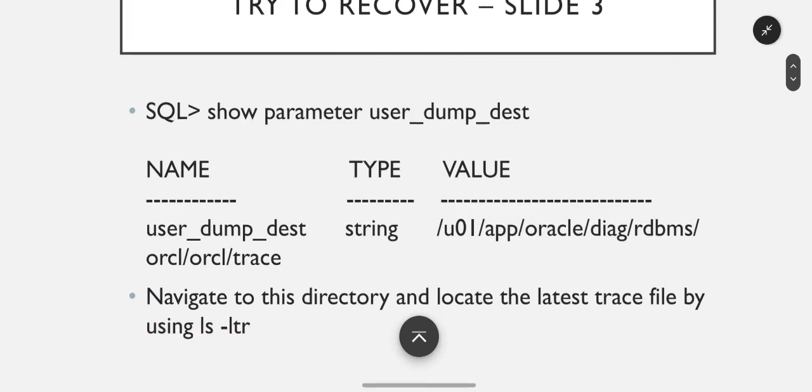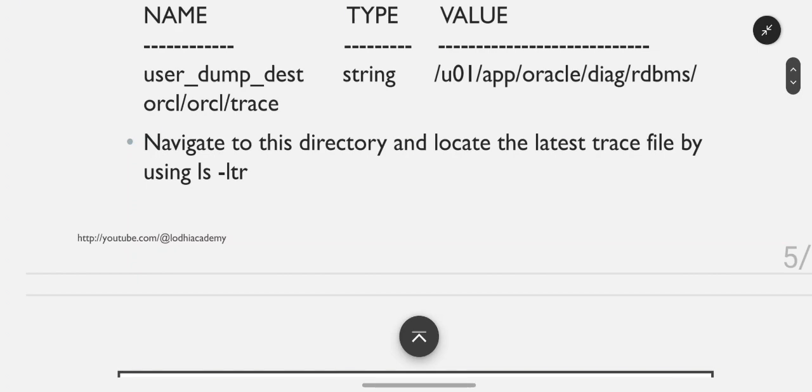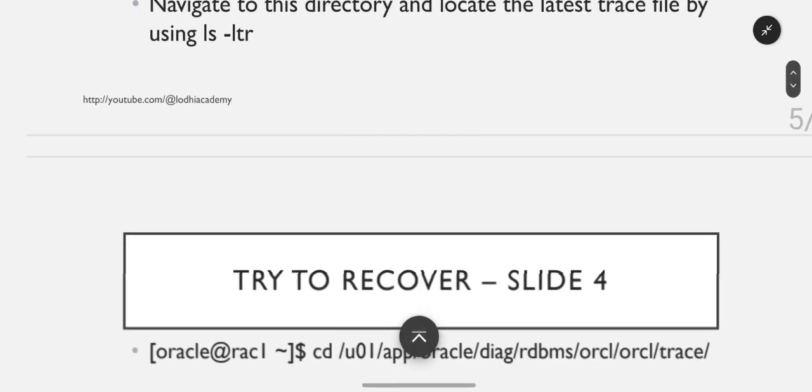Show parameter user_dump_dest will show the folder. So you can navigate to this directory and locate the latest trace file by using ls -ltr. It will show you all the files.